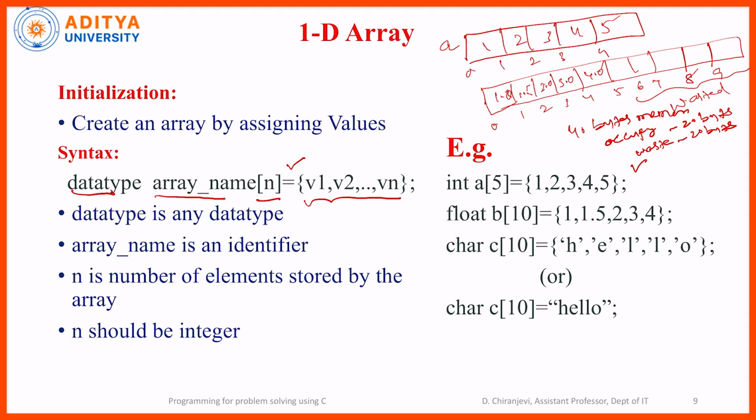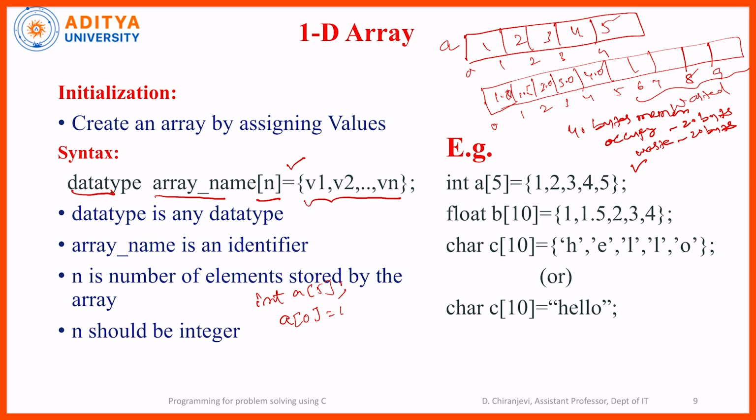The other way is to initialize by simply using the index. You can directly initialize an array by specifying its index. Let us say I declared an array int a of 5. Now by using the array index I can initialize the values.